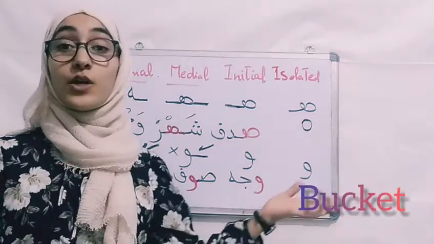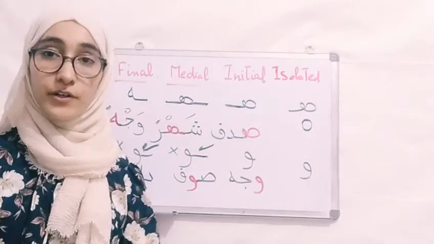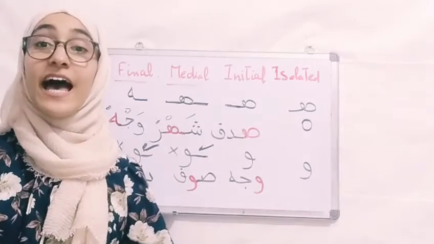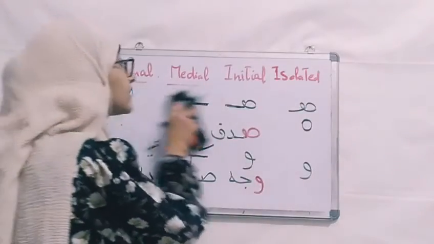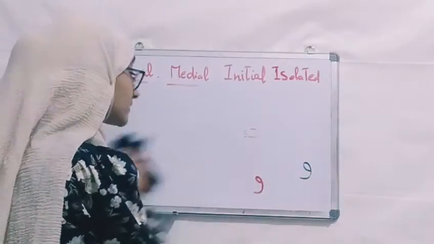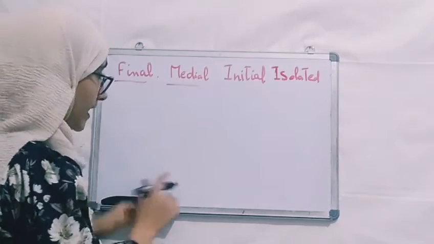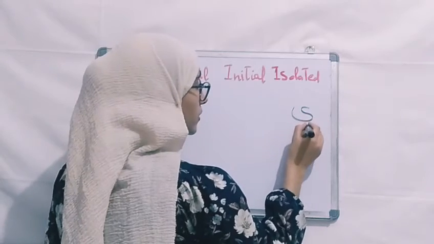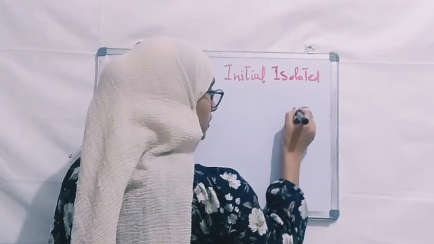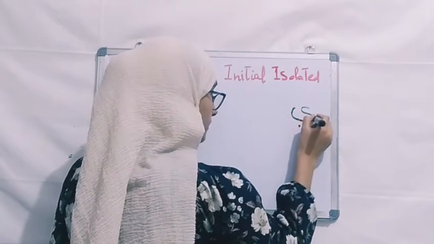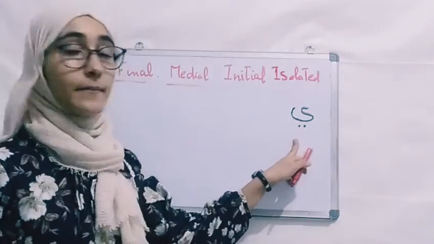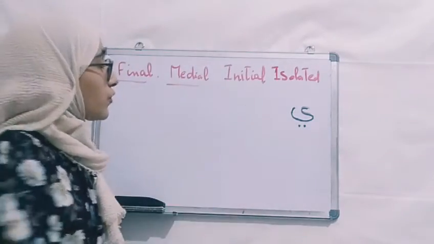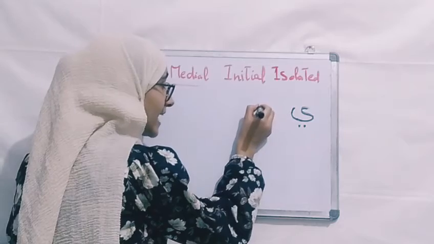And finally, we have the last letter, which is ya. As we saw in the isolated form, do you remember? Two dots underneath it, like this. In the initial form, we write ya like this.